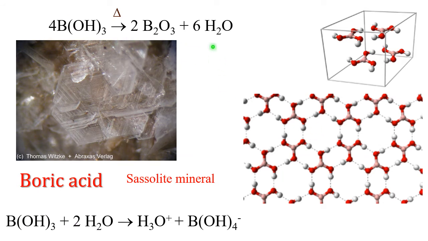The most common compounds of boron in nature are oxygen-containing compounds, starting from the well-known boric acid that exists in nature as the so-called sassolite mineral. Boric acid easily decomposes to boric anhydride or boron oxide, which is the same.